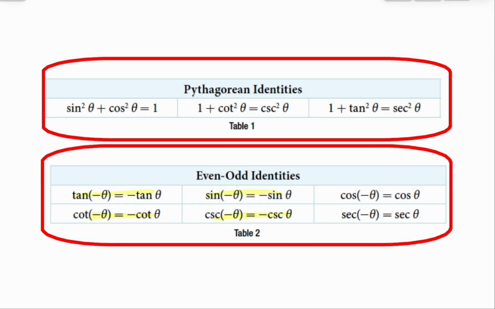These ones here are odd with origin symmetry. And these ones here are even with y-axis symmetry. If I could write the word symmetry.